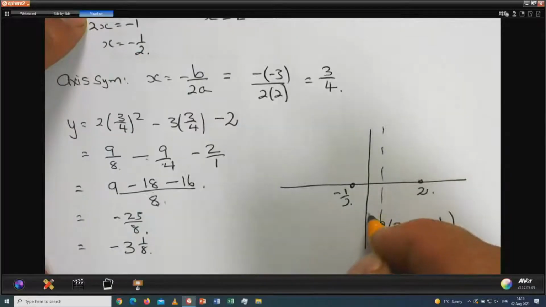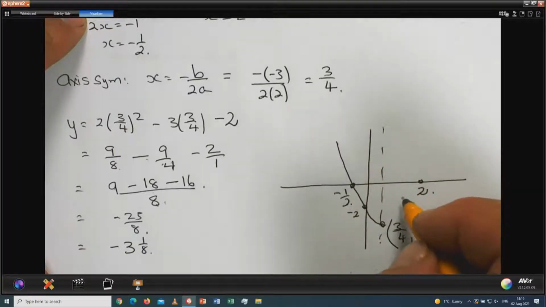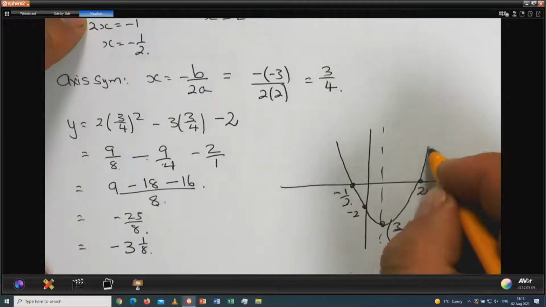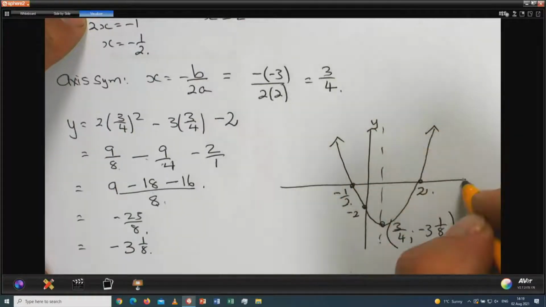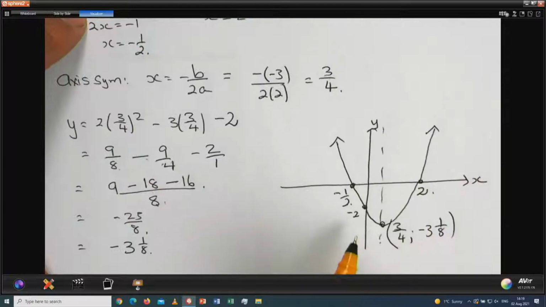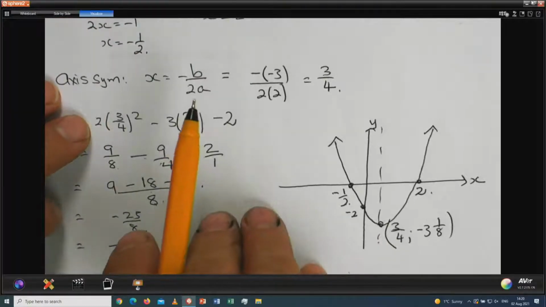And your y-intercept here is negative 2. Because the a value here is positive, the arms are up. So your y-intercept is negative 2, your x-intercepts are negative half and 2, and your turning point is 3/4 and negative 3, 1 over 8.